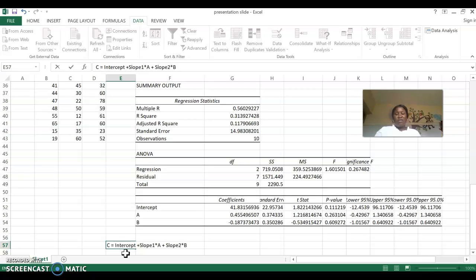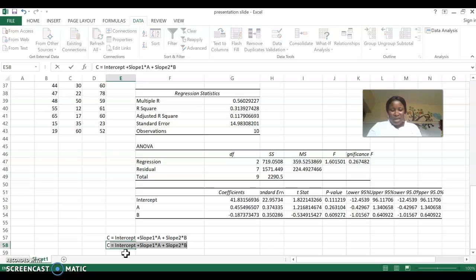Alright, so I'm going to be substituting all the values here. Like I told you, C is going to be equal to the intercept value here, 41.83, plus the first slope, 0.455 times 22, then plus the second slope, which is a negative value, don't forget.